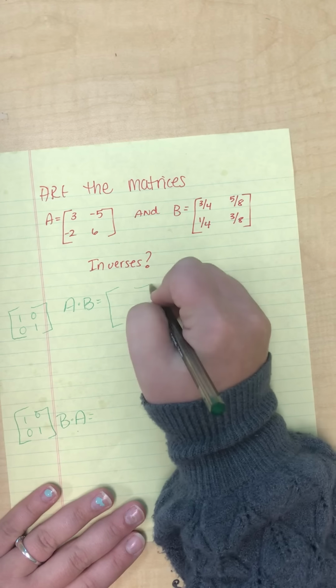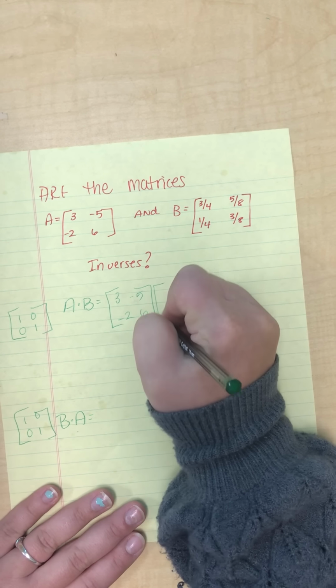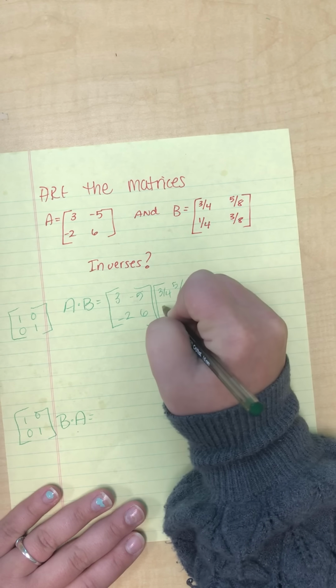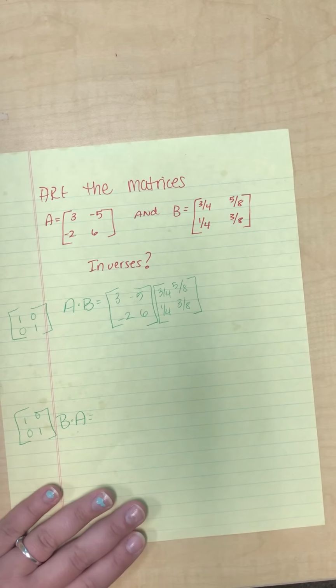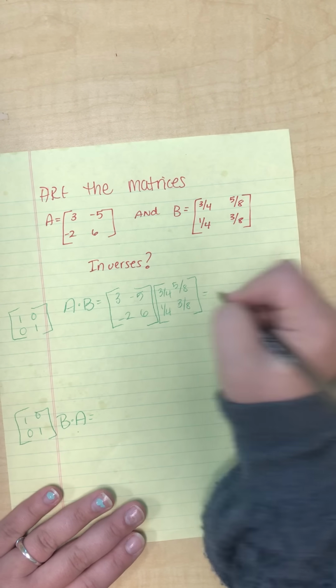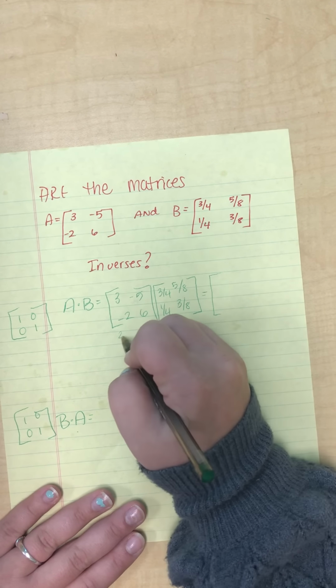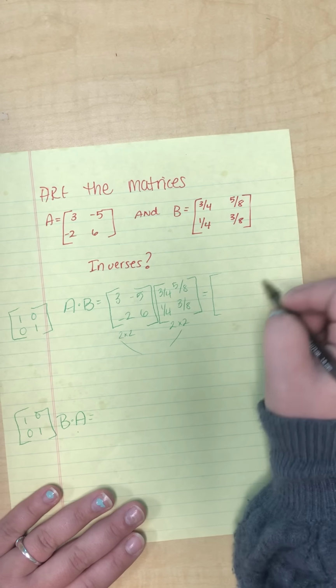So let's actually set this up. I have 3, -5, -2, 6 times 3/4, 5/8, 1/4, and 3/8. This is a 2 by 2, this is a 2 by 2. My result is going to be a 2 by 2.